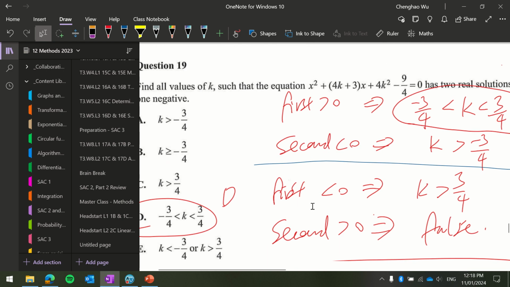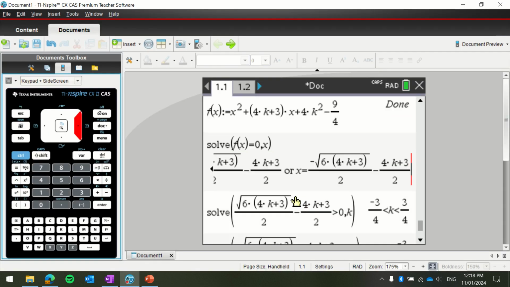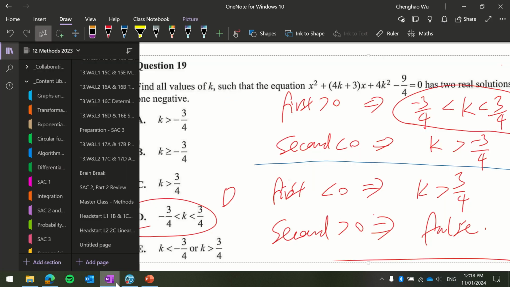You solve for the first answer being negative. You should get this answer in your case. And then you solve for the second solution being positive, and the k value is false. There's no k value that makes this second part positive. So the second case is false.